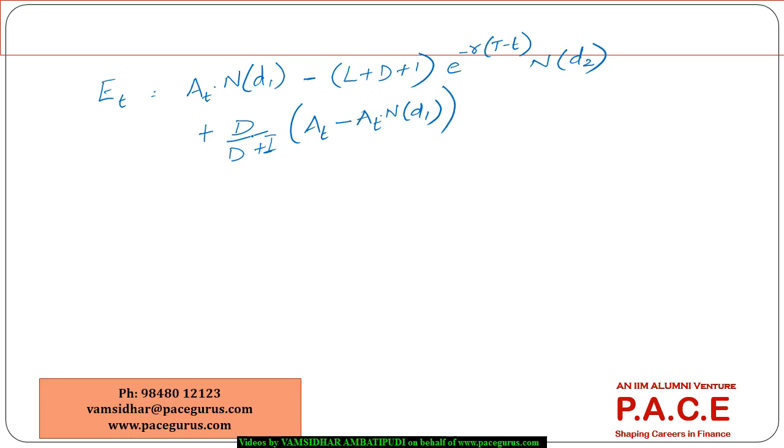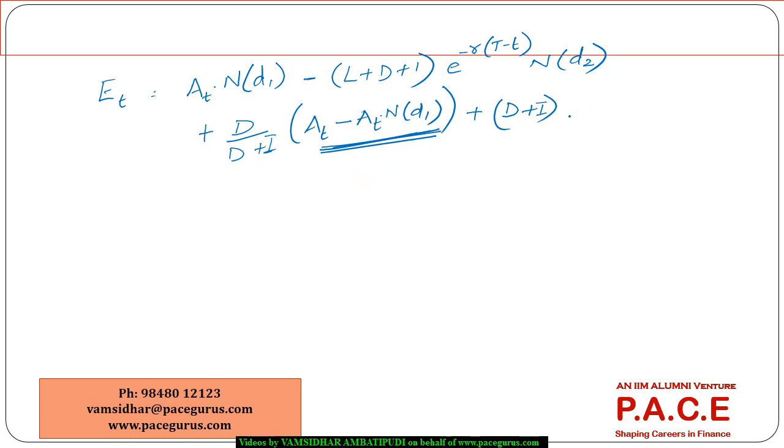So this is the dividend portion of it, I mean dividend divided by the total accrued values, plus I'm taking with a strike price D plus I. So this is the spot price, and I'm taking plus D plus I times, so this entire thing is my stock price, multiplied by D by D plus I, because the asset value is lying between the two.